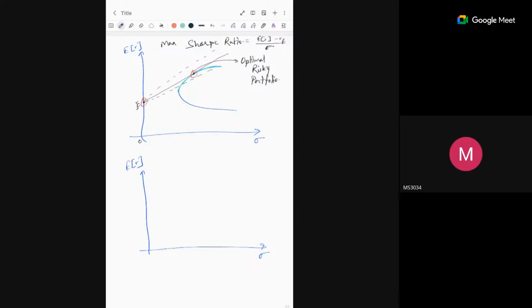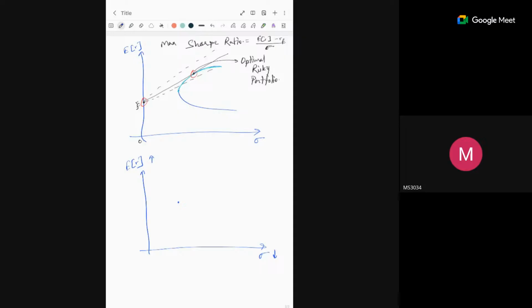Okay, so suppose you are an investor and you want to draw an indifference curve. What is an indifference curve? It is the curve of combinations of points which give you the same level of utility. So suppose currently you are at this point. Your utility will increase if your expected return increases, and utility will decrease if your standard deviation, or the variability, or what we call the risk, increases, correct?